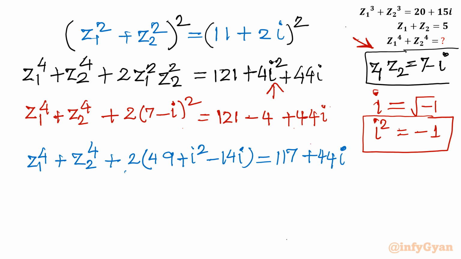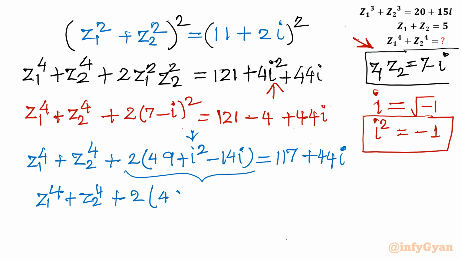Now I will take this term to the RHS. But before that we can write here i square is equal to minus 1. So I will write z1 power 4 plus z2 power 4 plus 2 times 49 minus 1 minus 14i equal to 117 plus 44i.